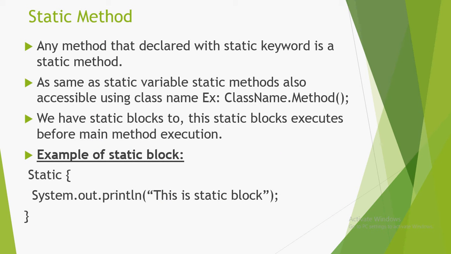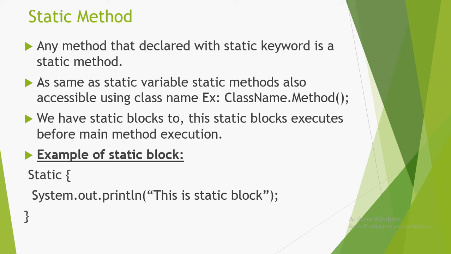Now we will discuss static method. Any method declared with the static keyword will be a static method. As with static variables, static methods are also accessible using class names. Suppose we declared one class, class A, and there we declare one static method, static void method.